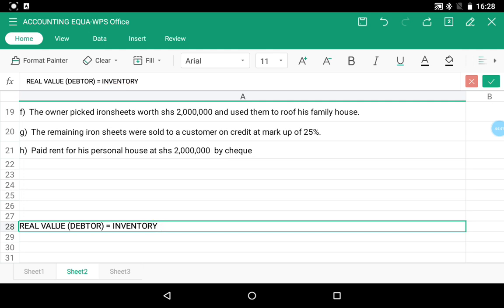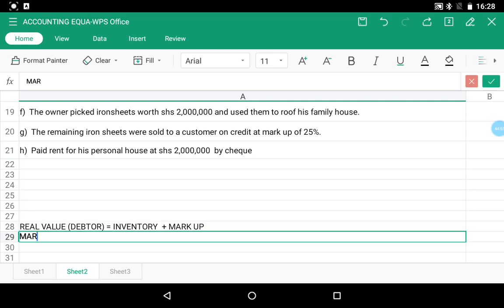plus markup. But also to get our markup, we take our inventory and multiply by 25%.